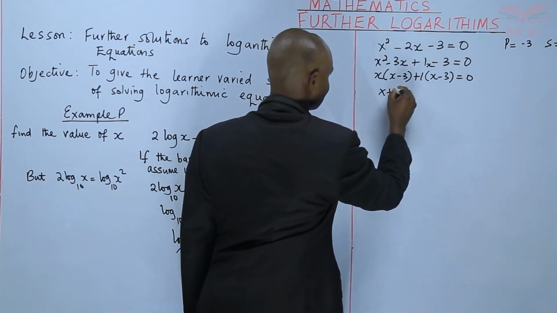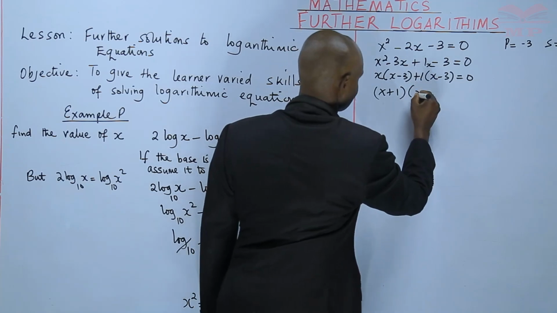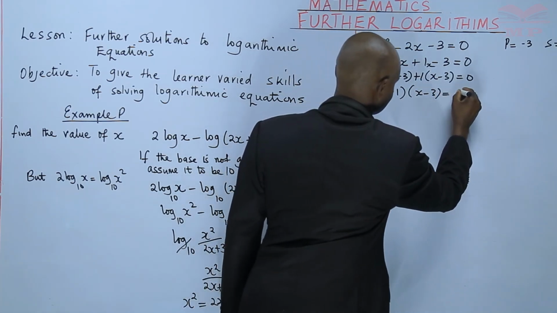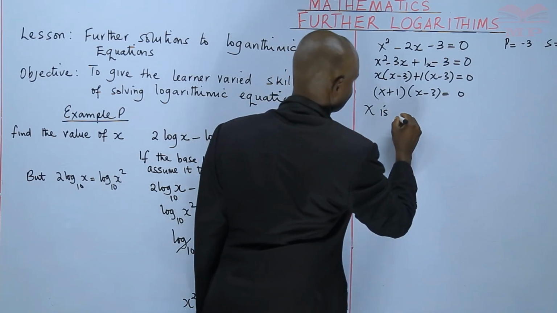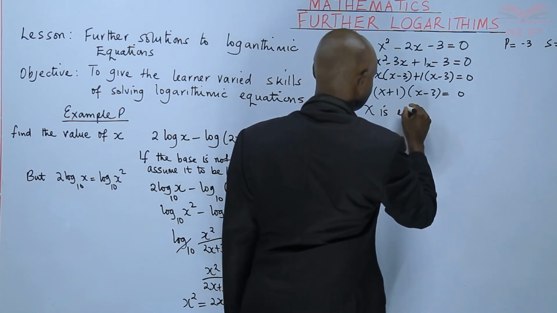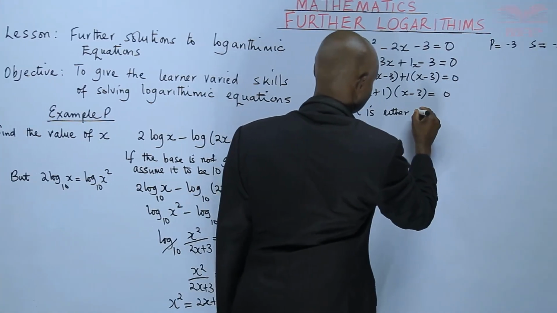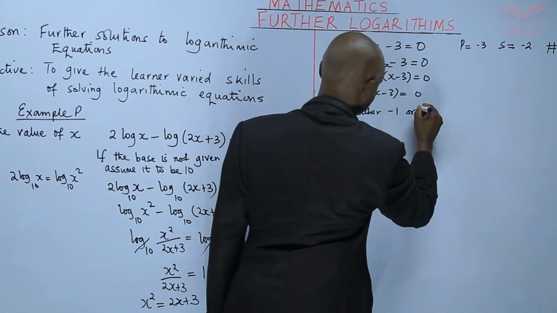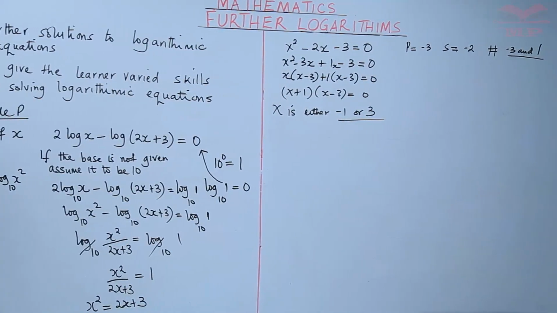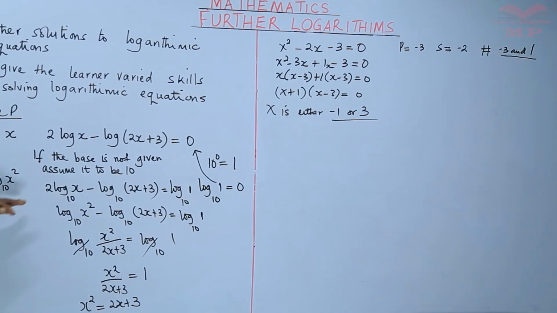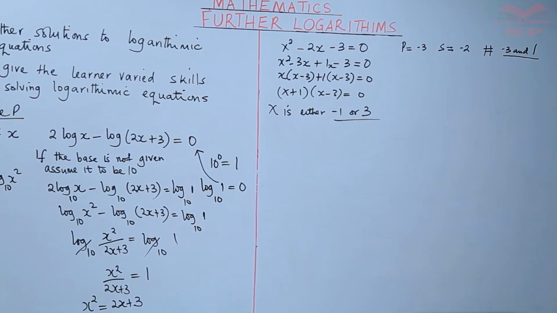So x plus 1, x minus 3 is equal to 0. x is either minus 1 or 3. Those are the values of x in that quadratic equation. So we move to another example.